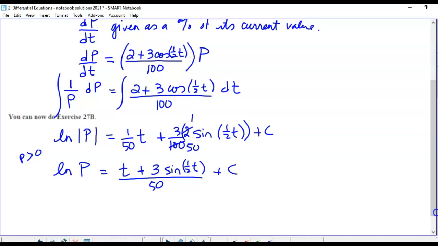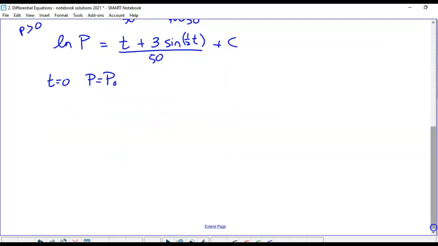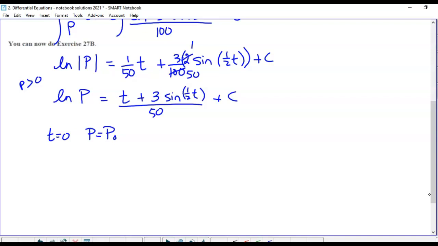Alright. Now, our initial, well, at time 0, we don't know the value of the gross national product, so we'll just call it P naught. All right, so that means time equals 0.